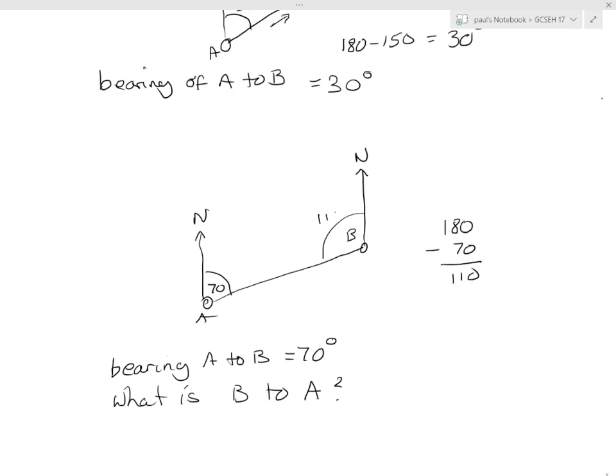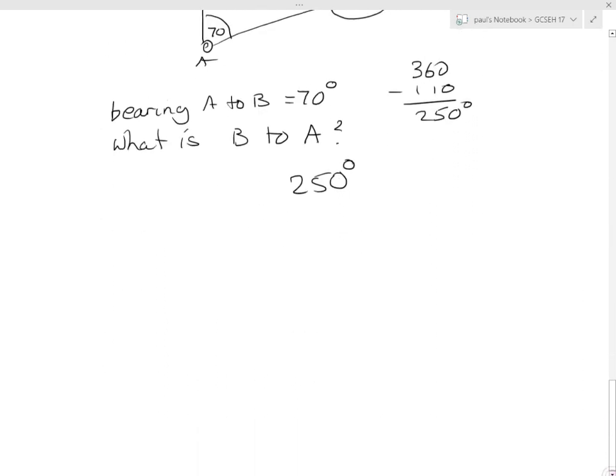So that angle is 110. Now the bearing from B to A is this one all the way around the outside. Remember, face north, go clockwise. So this is now going to be 360 minus 110, which is 250 degrees. 250 degrees. That's the bearing. So that was the second part of that little quiz.